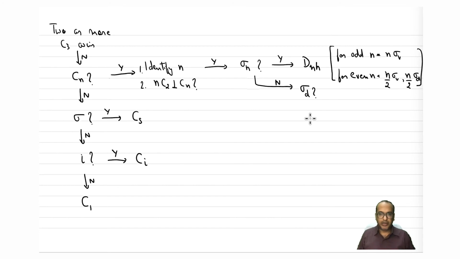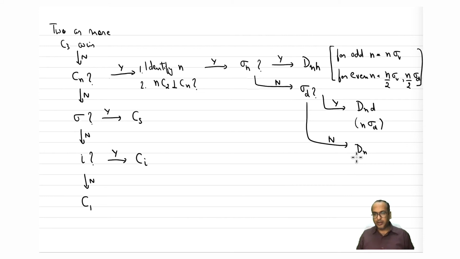Okay, so if it is there, then you call this as Dnd point group, and there would be n sigma d's in this. So this will help you assign how many sigma v's and sigma d's will be present in any particular point group. And if it's a no, if there is no sigma d, then you call it as Dn point group.